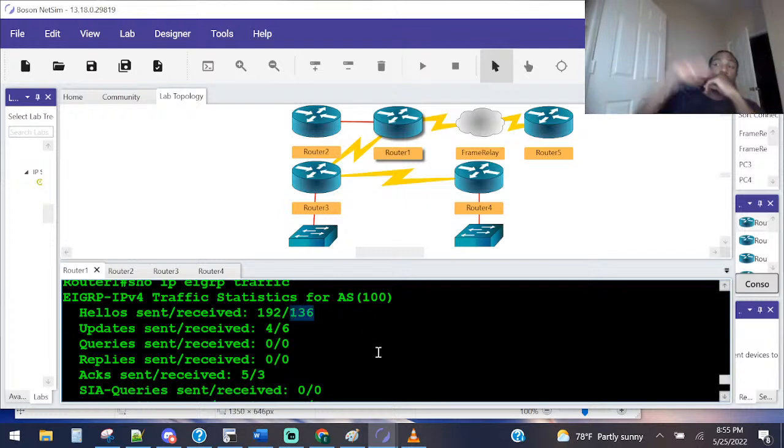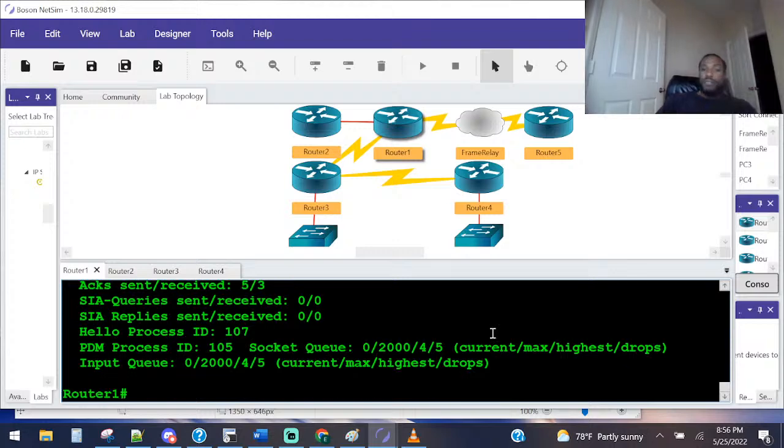Remember, he says hello every 4 seconds? No, every 10 seconds. I can't remember. What are the default timers? He says hello every 4 seconds, I believe. No, every 10 seconds. And he considers his neighbor dead 4 times the hello, right? Which is 40 seconds, if I'm not mistaken. How could we see the default timers?